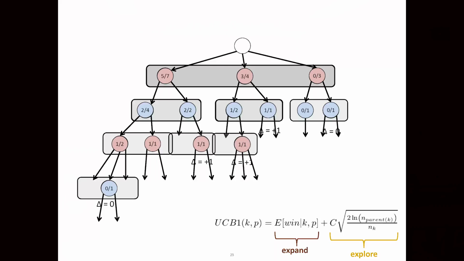And now we're going to descend, and we have these two options. Now, given what you know, would you expect that the node that this is going to pick is going to be the one on the right or the one on the left? On the right, because it's never been visited before, and so this term is going to explode. And so we're going to build a node there. Then we're going to simulate a game, and the result is a win, which is bad for this player. That means that they probably didn't want to make that move.